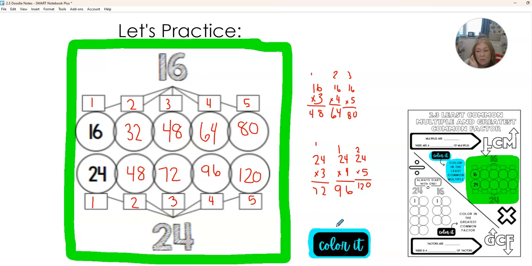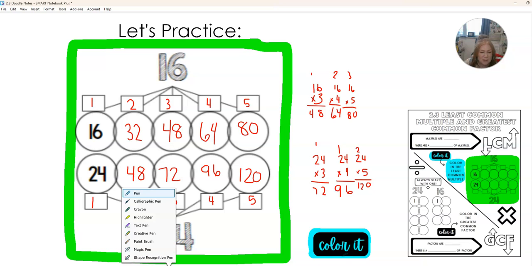Now we are going to color in the least common multiple. We're looking for the least, the lowest, the smallest number after we multiplied. So you kind of have to start backwards. Start at the M and multiply, then go look for the least common number. I'm going to grab a color here.